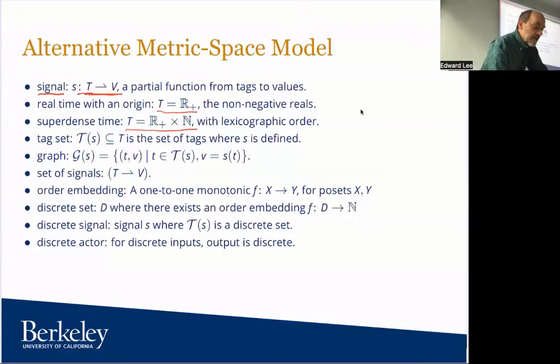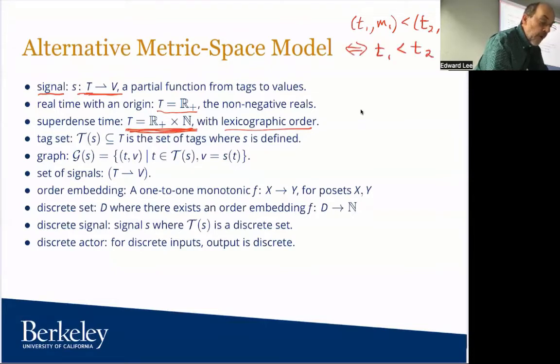So superdense time is, of course, an ordered set, and it uses what's called a lexicographic order, which is also called a dictionary order, which simply means that if you compare two tags, so if I have a time value and a microstep, then (t1, m1) is less than another time value and microstep (t2, m2) if either t1 is less than t2 or t1 equals t2 and m1 is less than m2.